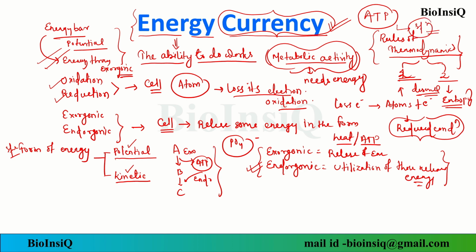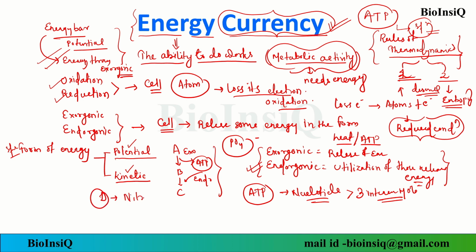So ATP, as the name suggests, is a nucleotide, built of three molecules. One is a nitrogenous base, which is a must in a nucleotide.